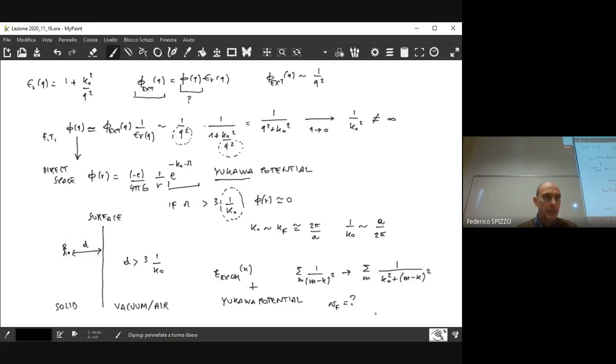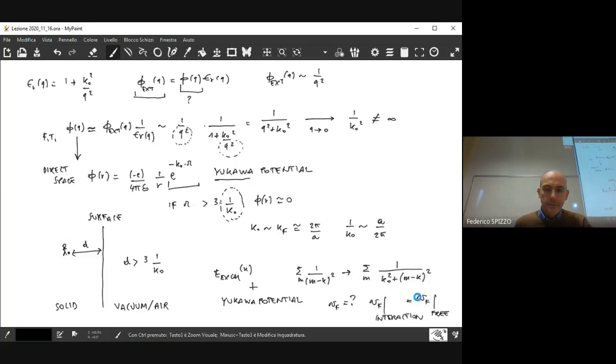the problem was the Fermi velocity, because without the Yukawa potential we have a divergency at the Fermi energy. So the main problem is: is it possible to evaluate the Fermi velocity? The answer is yes. And if you evaluate the Fermi velocity with the interaction, you find that the Fermi velocity is nearly equal to the Fermi velocity that you have for free electrons.